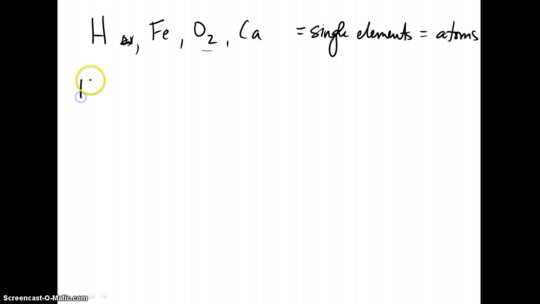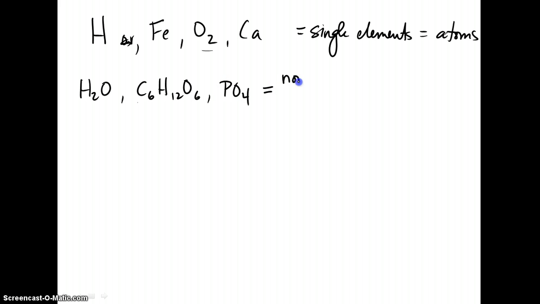But in cases like this, where we have H2O, or we have C6H12O6, or we have, let's see, PO4, okay, phosphate. These are all combined together with different elements, so they are given a different name. In this case, all of these are nonmetals. Hydrogen is a nonmetal, oxygen is a nonmetal. Carbon, hydrogen, oxygen, all nonmetals. Phosphorus is a nonmetal, and so is oxygen.